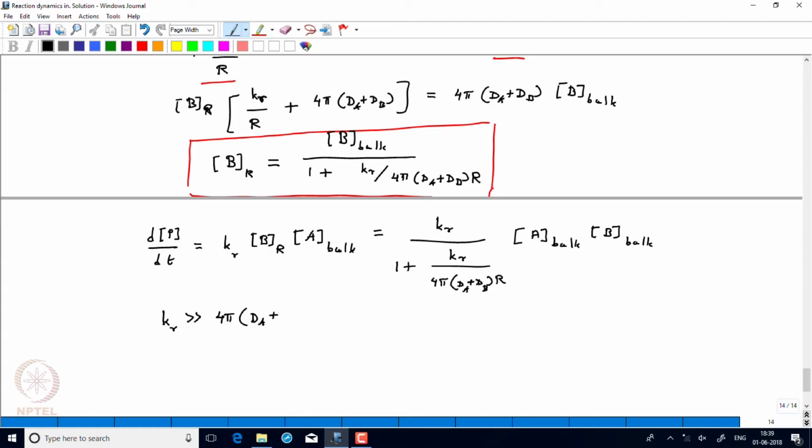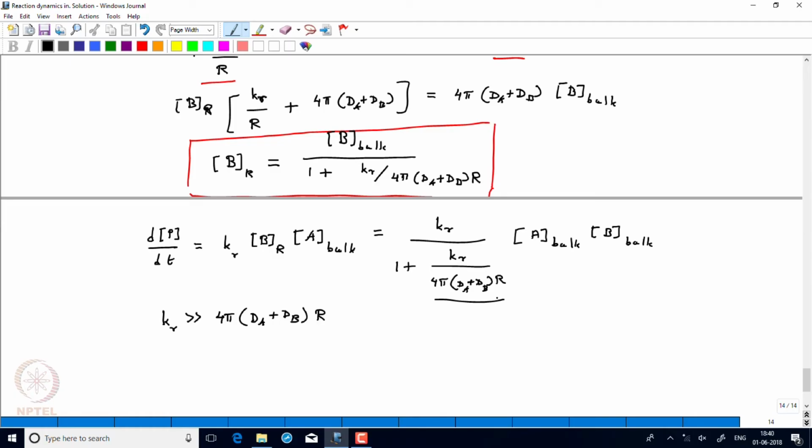So, it is dA plus dB times R. 4 pi R is basically the volume around A, the closest approach volume, and if I multiply by the diffusion coefficient, that quantity is much smaller than the reactive rate. So, we can actually ignore this term, as we are writing 4 pi dA plus dB times R to be much smaller than Kr.